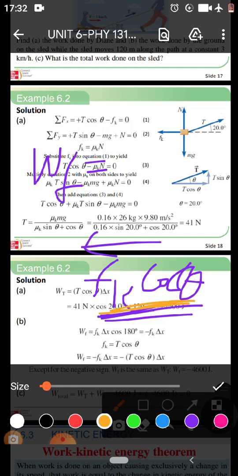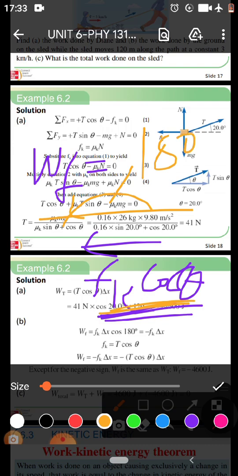and then this must be taken note of. The work done with the force applied by the ground is at 180 degrees.